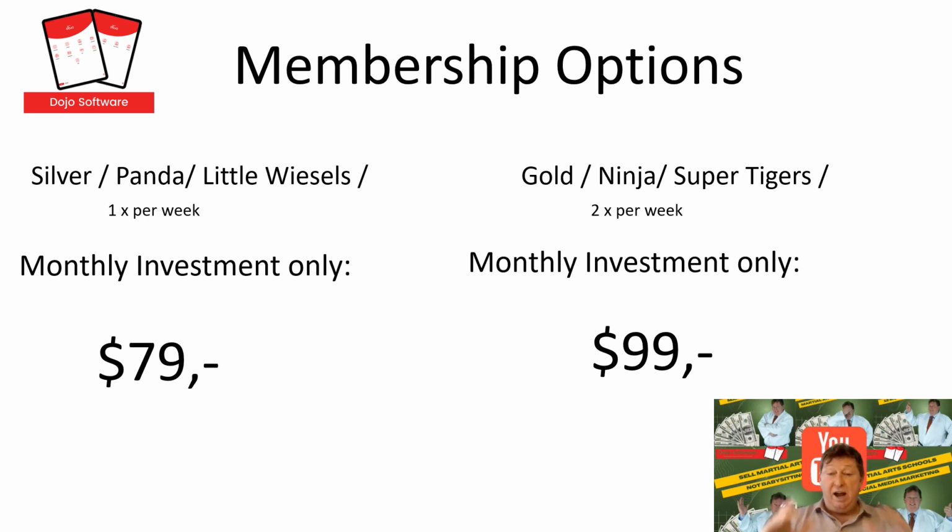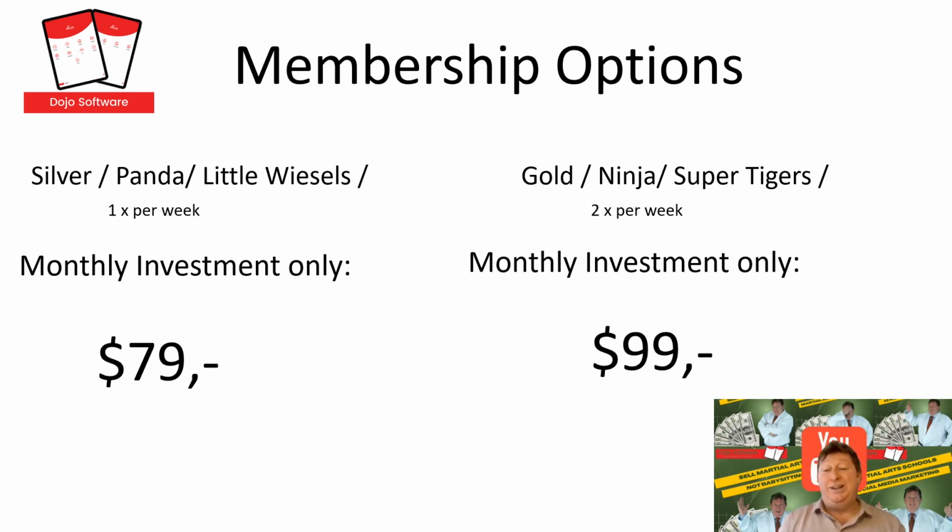If you have another membership, then I want you to create a completely different membership for adults, okay? But they also only get one or two possibilities. What are those two possibilities? There's once a week or twice a week. It's silver or gold. It's a panda or ninjas. It's little weasels and super tigers, yeah?